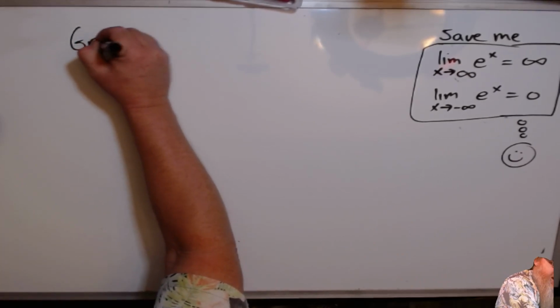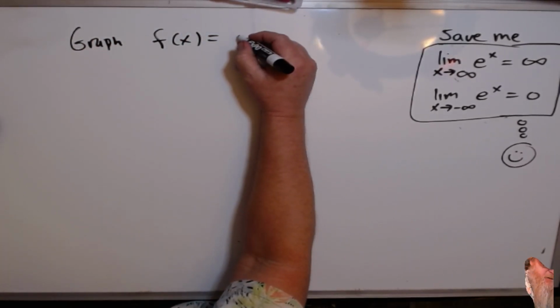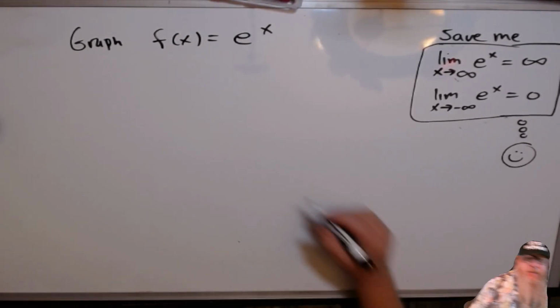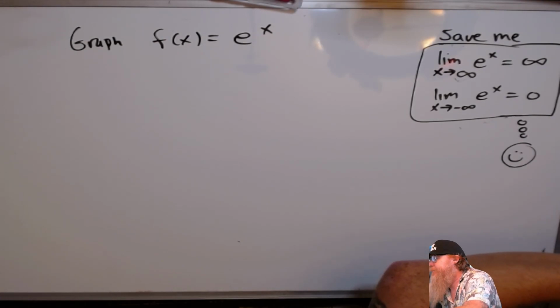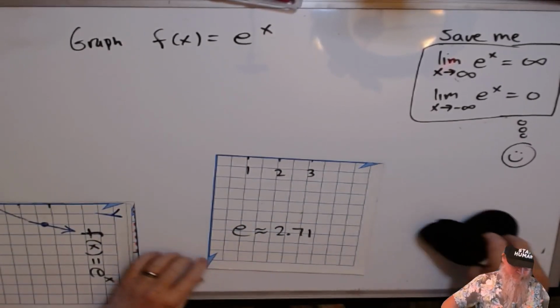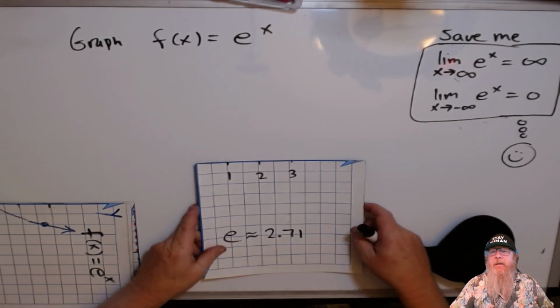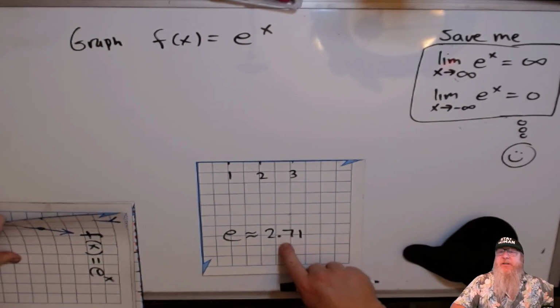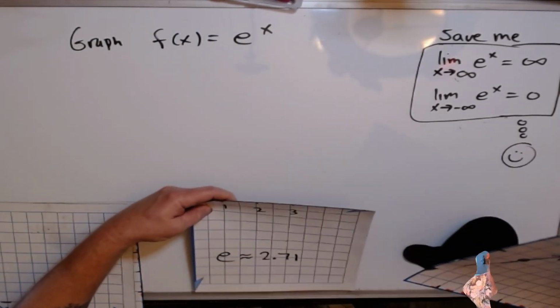All right, so let's graph to kind of get an idea of what's going on. I'm just going to use 2.71 for e when I graph it.